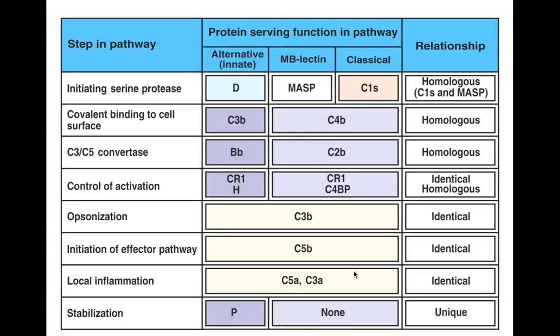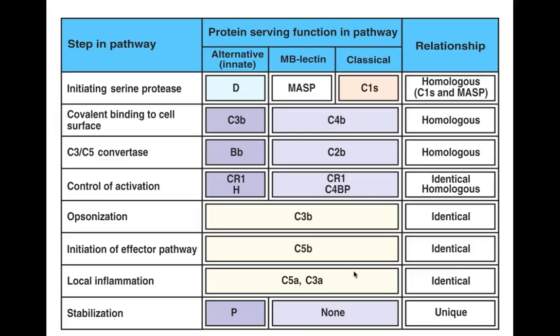For covalent binding to the cell surface, for the alternative pathway, we're using C3b, but for all other pathways, we're going to use C4b. To create the C5 and the C3 convertases, for the alternative pathway, we're going to use factor Bb, in other words, this large fragment. But for all other pathways, we're going to use C4b and C2b. For opsonization, C3b serves as an opsonin for any possible pathway.